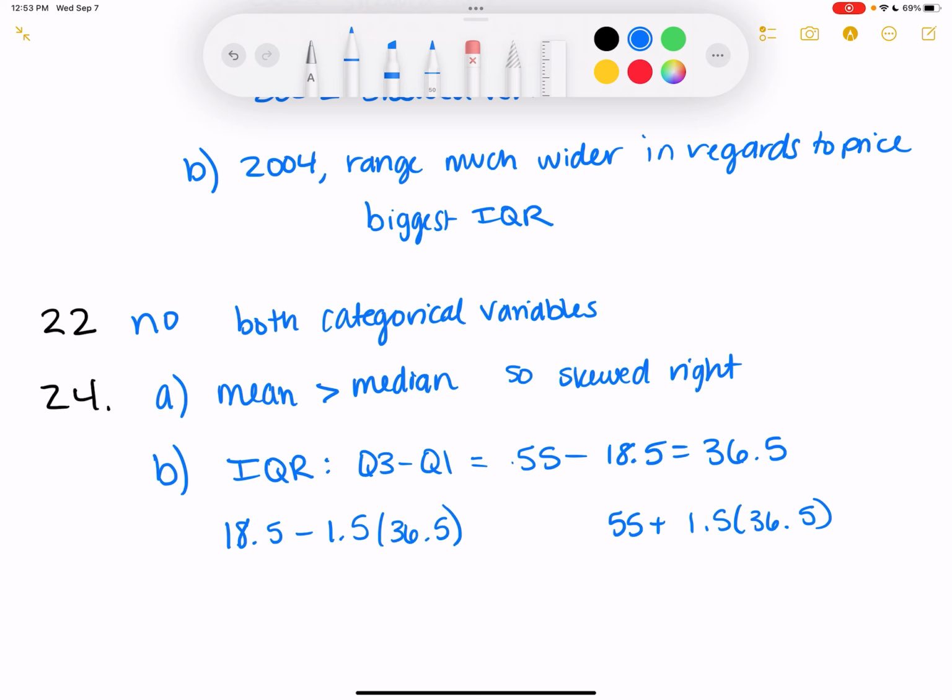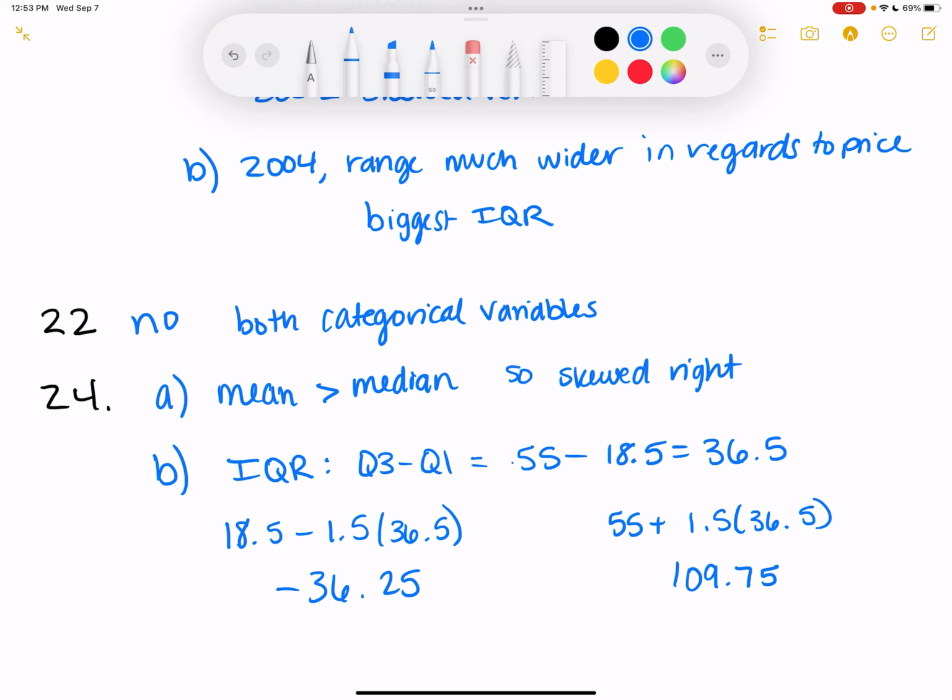The first one is negative 36.25. And then 109.75. So based on that information, are there any outliers? Yes.